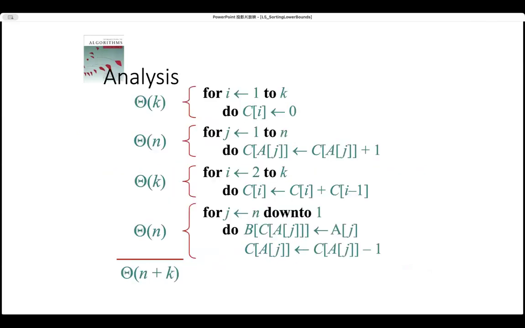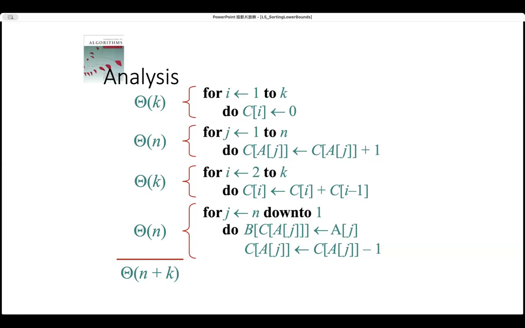First is the time complexity. The time complexity is very straightforward, because we are only talking about four very simple loops. The first loop runs k times because it's a loop over the auxiliary array.